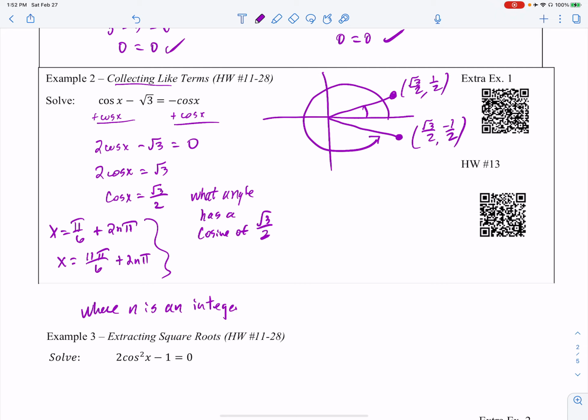Well, there's a faster way of writing where n is an integer. And what we do is, this reads n, it's kind of a scripted E, is an element of the integers.